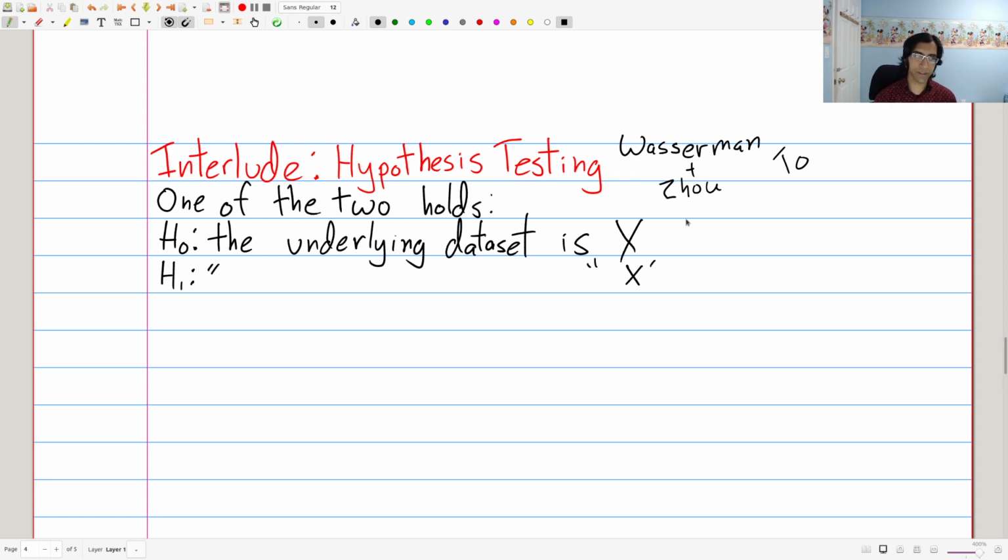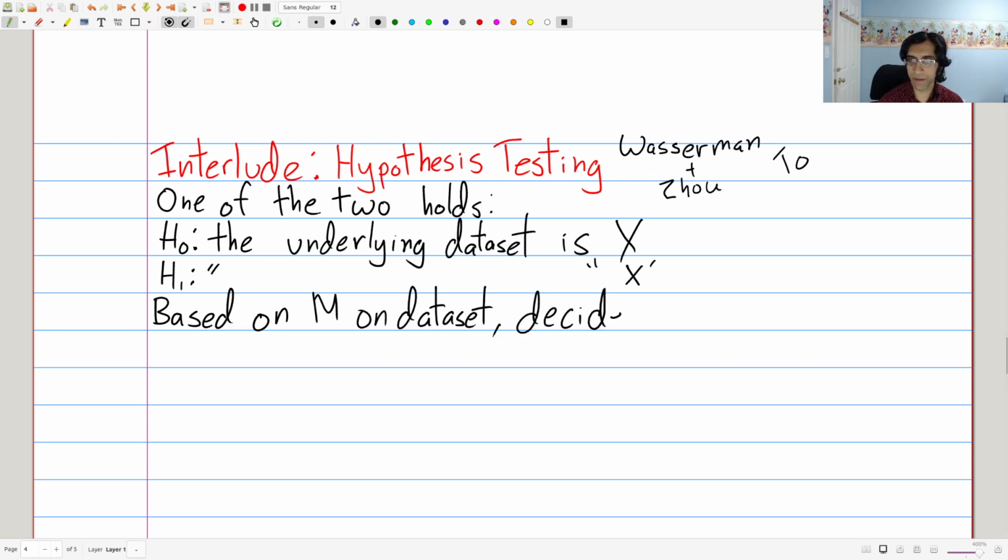So the adversary is told that one of these two things holds, and they're trying to figure out which one is true based on the output of M. So based on M on the data set, we want to decide H0 versus H1.